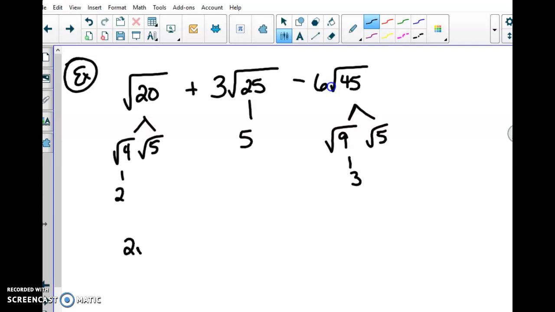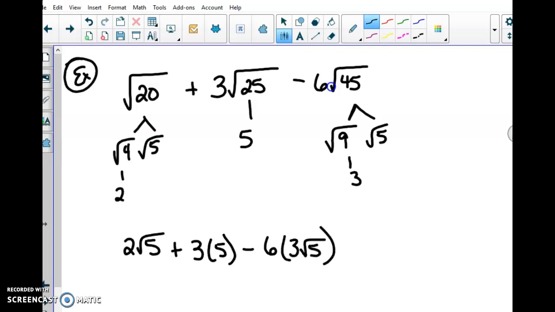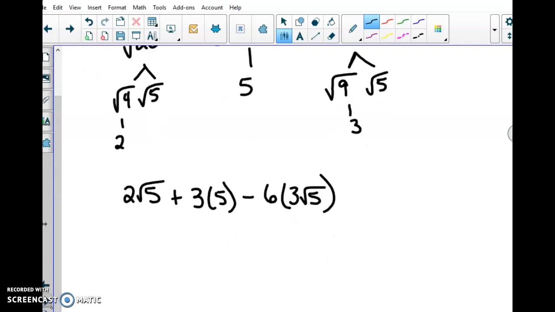So I'm going to rewrite this. I have 2 square root 5 plus 3 times 5 minus 6 times 3 square root 5. So when we're looking at this and trying to reduce this down, you can combine like terms. That square root 5 is going to be a like term.